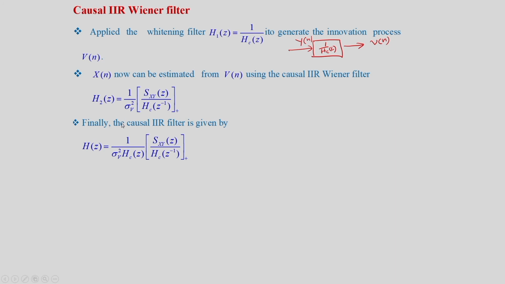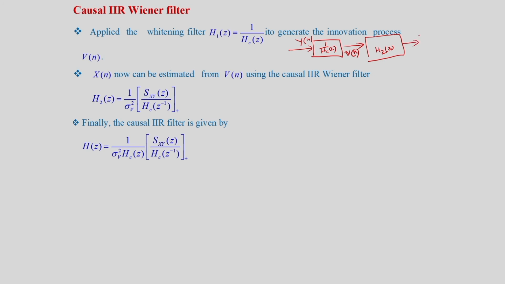And finally, we got the causal IIR Wiener filter as the cascade of the filter 1 by Hc(z) and then H2(z). So, v(n) is passed through this H2(z), the filter we have already obtained.